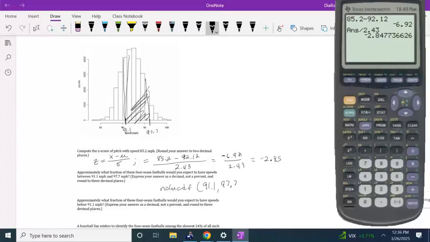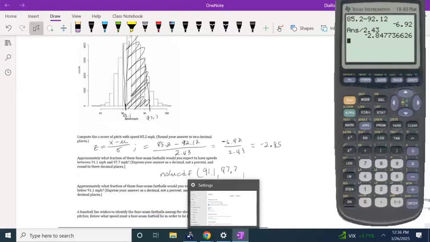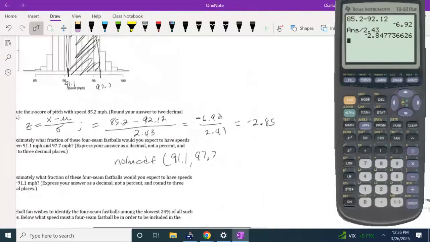Okay. And this is the area we're finding. So we're using that normal CDF function. We put in the lower limit, the upper limit, the mean, which is 92.12, and the standard deviation, which is 2.43.